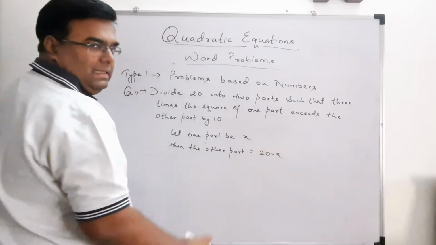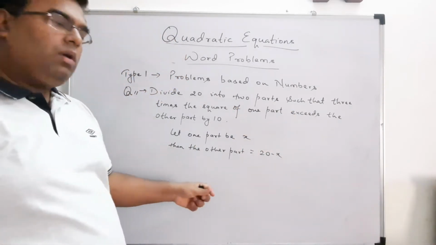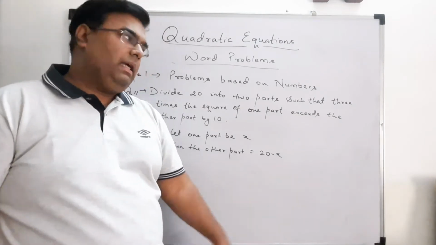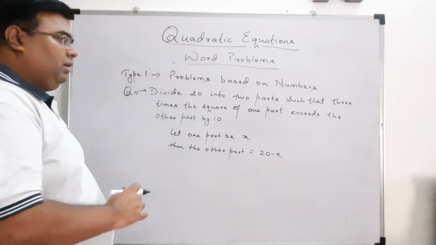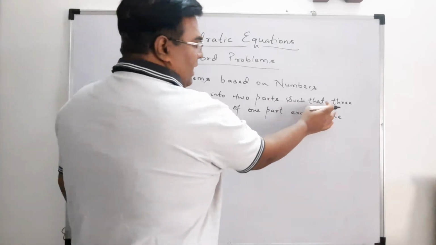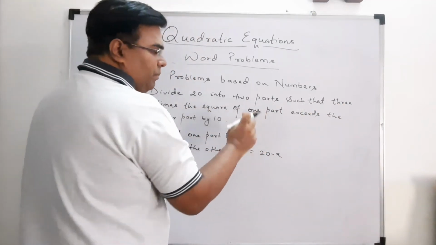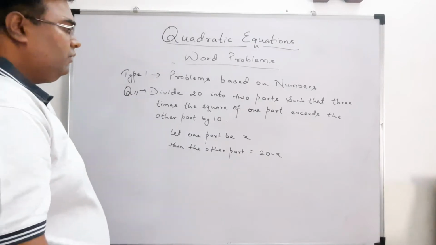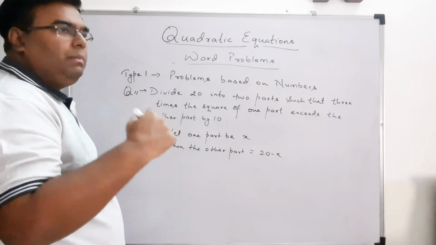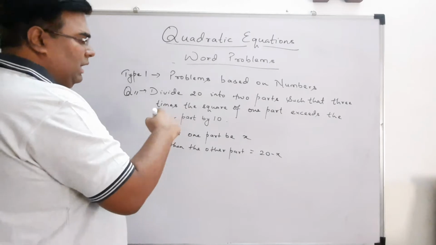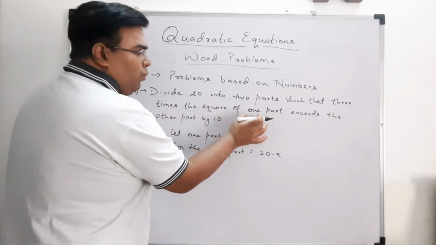Now the condition is: 3 times the square of one part. What is the meaning of 3 times? 3 times means multiplication by 3.